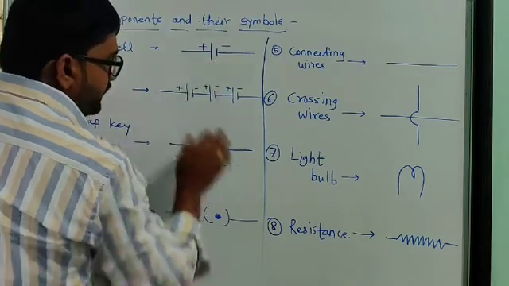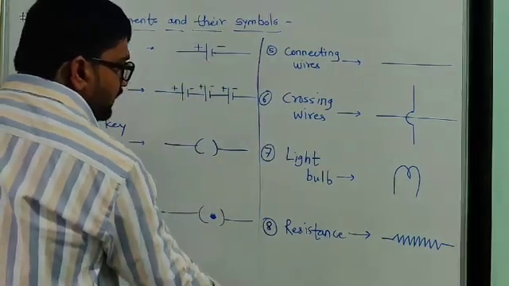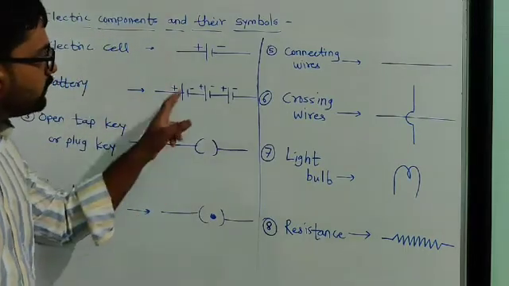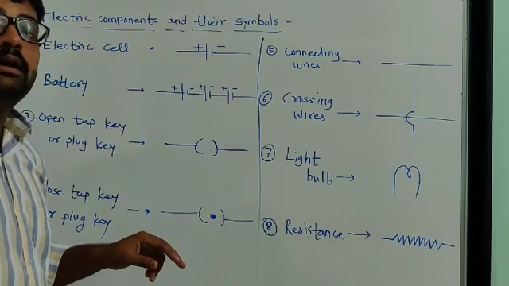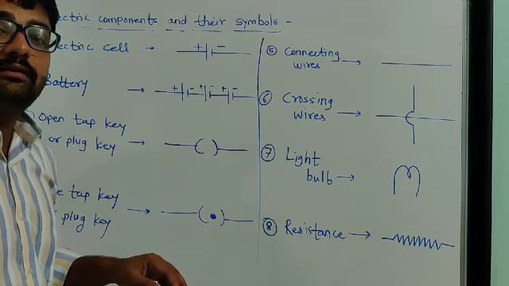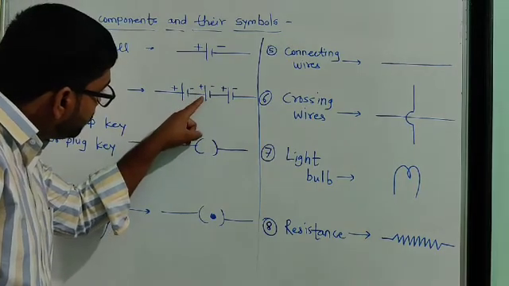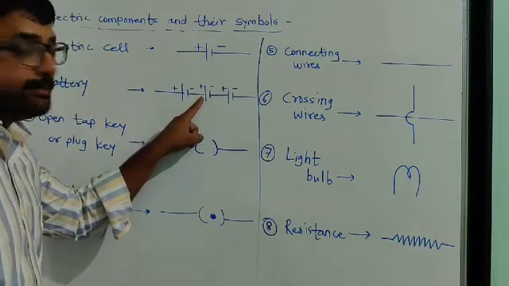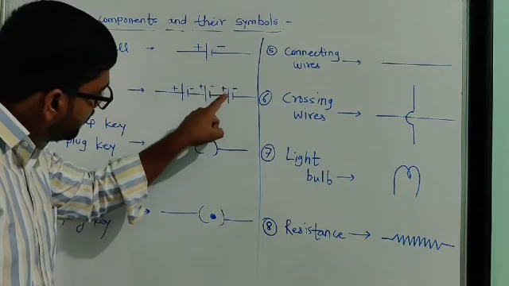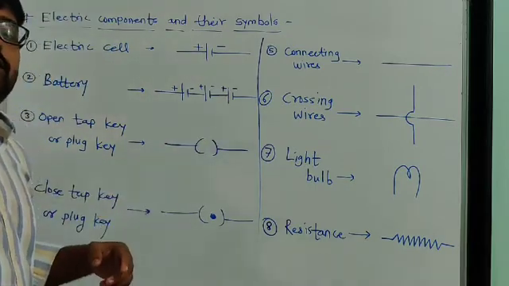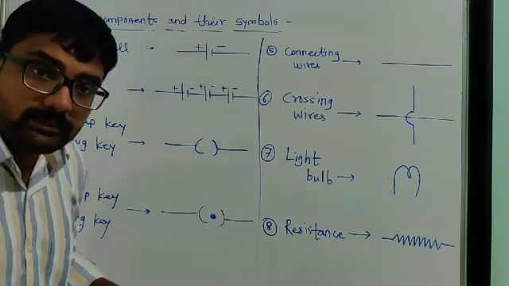Simply, here a combination of electric cells takes place. The electrical cells are combined with each other: the negative terminal of one cell is connected to the positive terminal of the other cell. In this way we can combine electric cells.